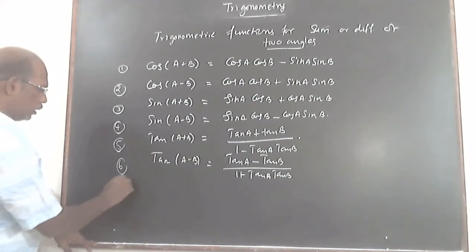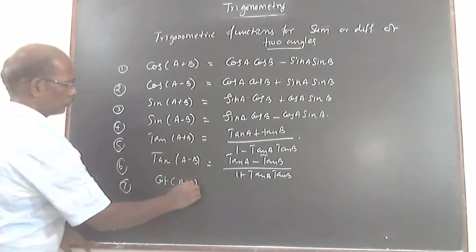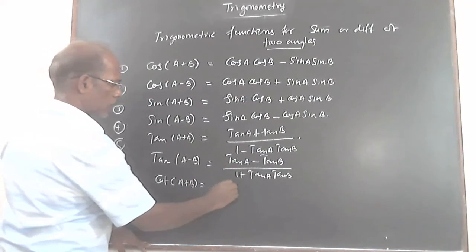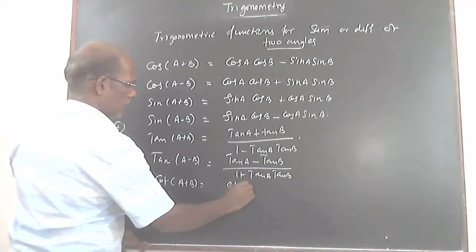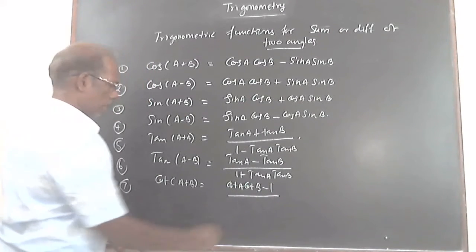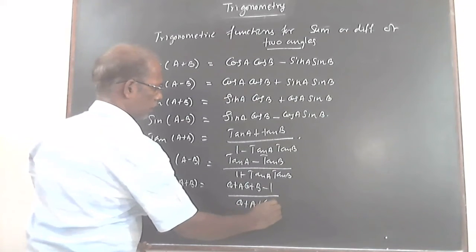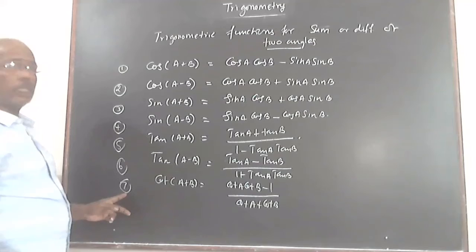The seventh one, cot of A plus B, is cot A cot B minus 1 over cot A plus cot B. Take note of it.